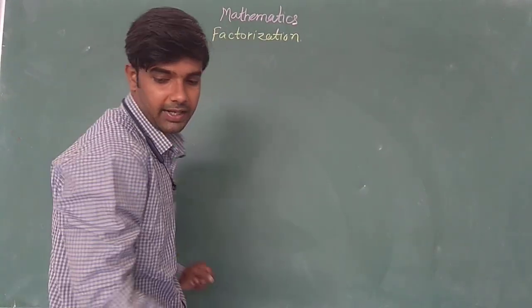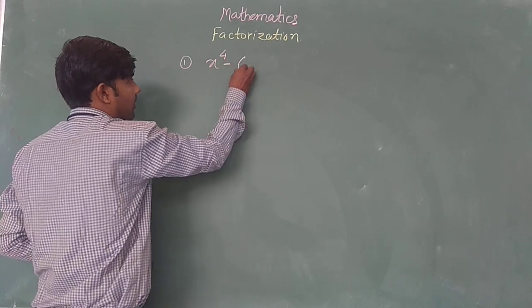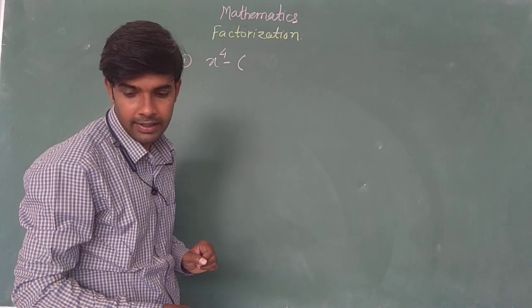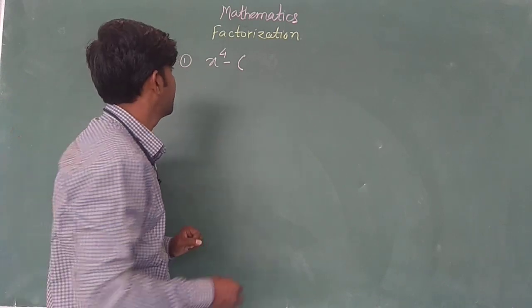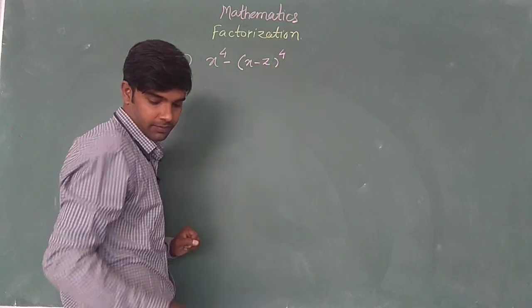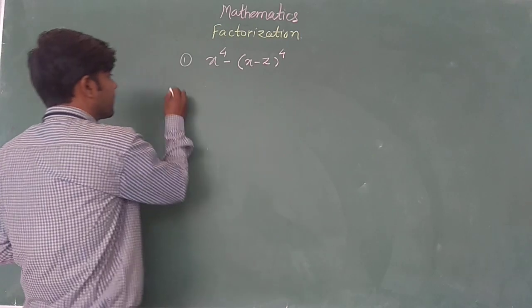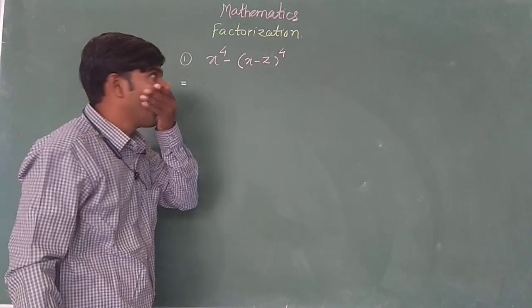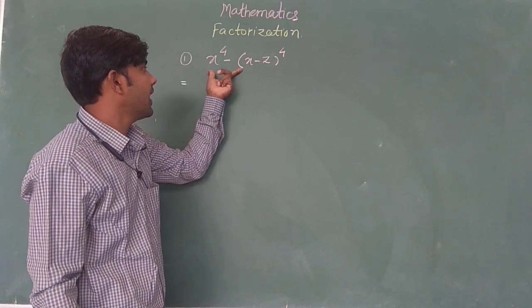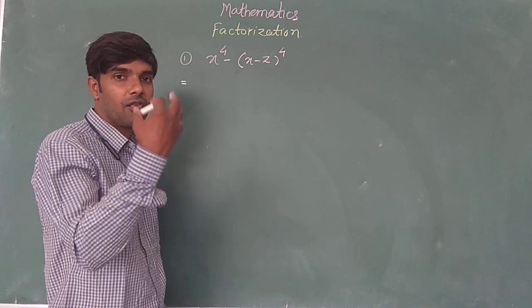Factorize x raised to 4 minus (x minus z) raised to 4. Solution: now which identity do we use here? The third, since we have x raised to 4 and (x minus z) raised to 4.